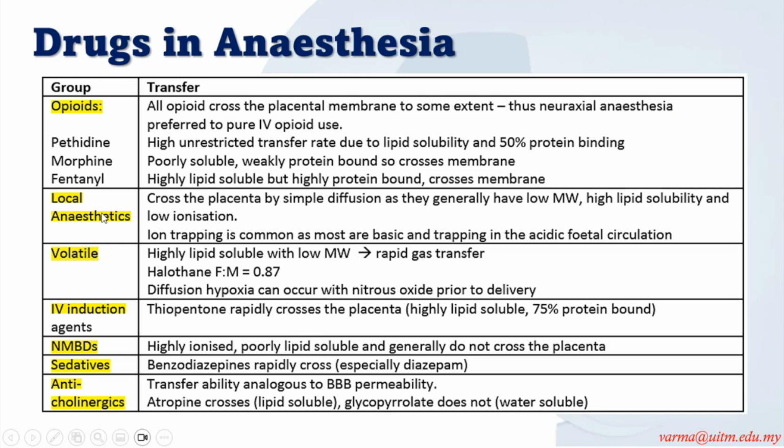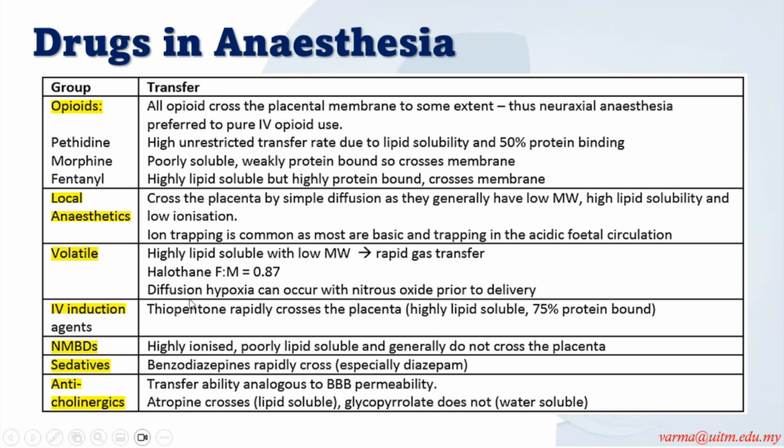LA cross the placenta via simple diffusion because they have low molecular weight, high lipid solubility, and low ionization. But once it goes into the fetal circulation, because fetal circulation is more acidotic, that's where they can get ionized and cause the ion trapping concept. Okay, so remember this part. Volatile, they have low molecular weight, they're lipid soluble, easily can cross to the fetus.